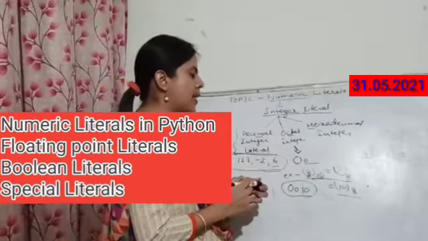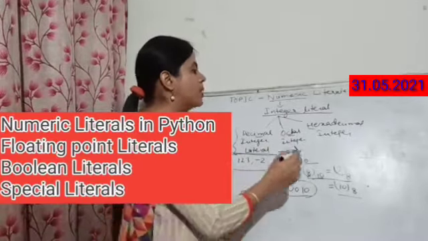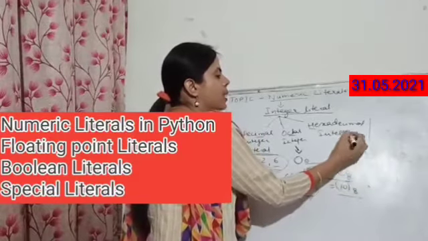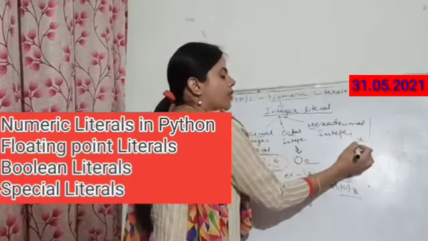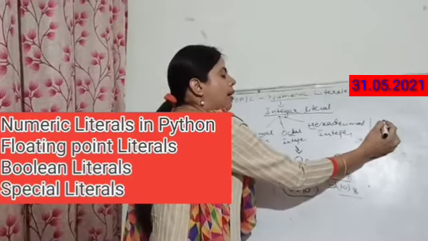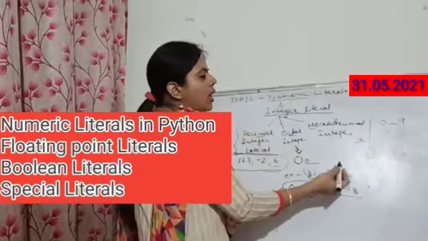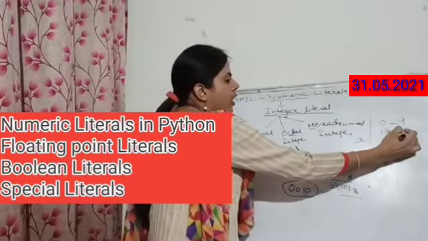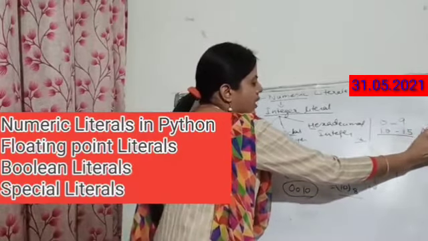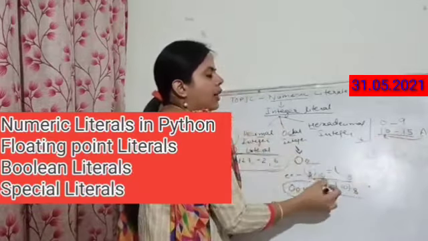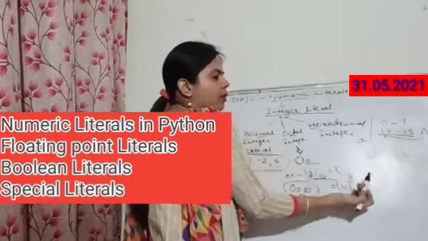Same goes with the hexadecimal integer literal. For hexadecimal numbers, the number is divided by 16, as the base is 16. If the remainder comes from 0 to 9, it will be written like that only. However, from 10 to 15, it is represented from A to F. So A is for the value 10, B is for 11, C is for 12.